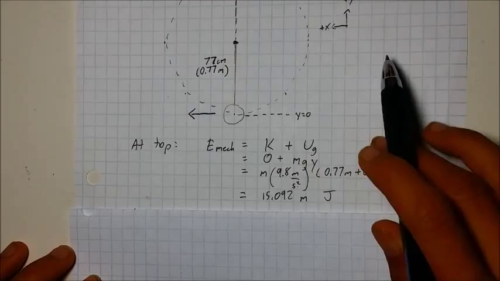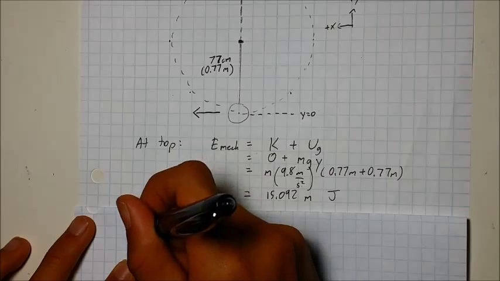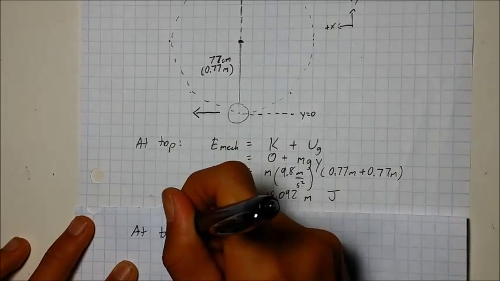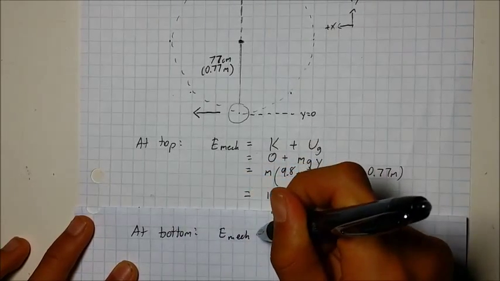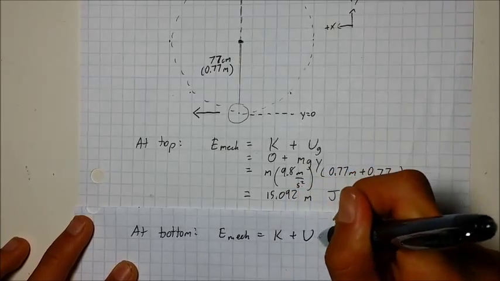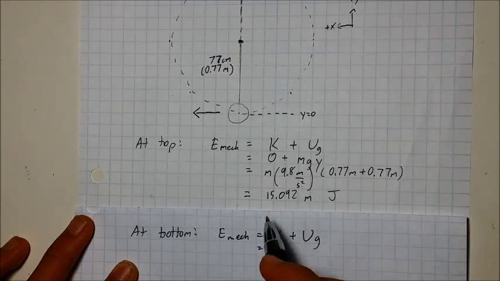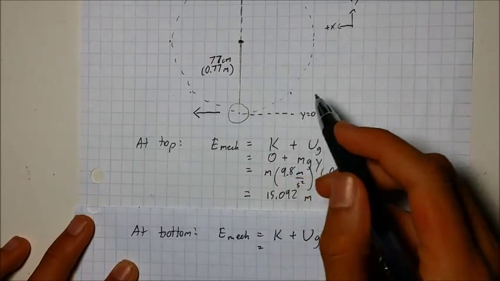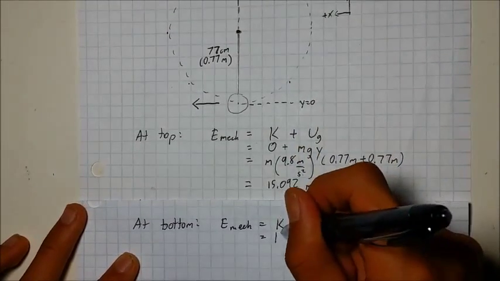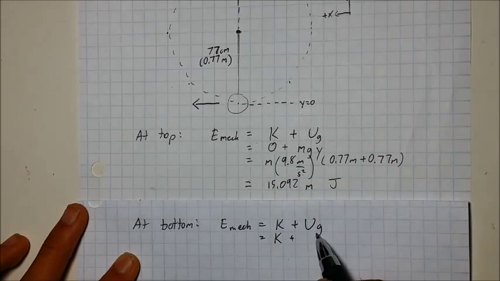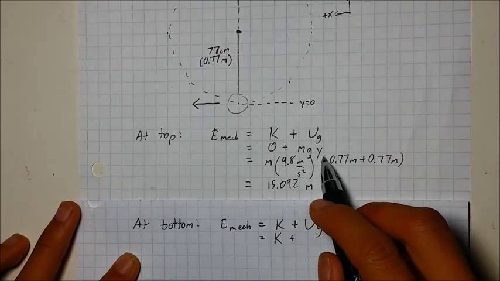Now that we found the total energy of the system, we can use the same equation to evaluate it at the bottom. This time, however, we're trying to find the kinetic energy, which we can find by the amount of energy we use to hit the ball with at the beginning. So, also at the bottom, the potential energy, as we know, is equal to mgy.